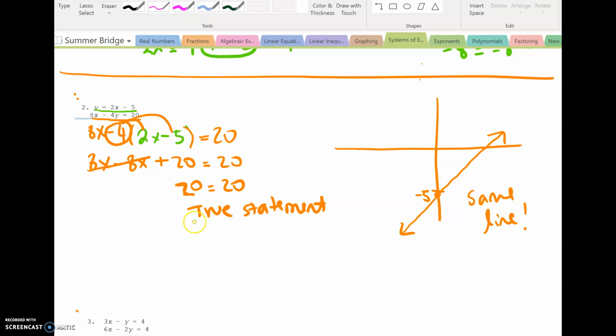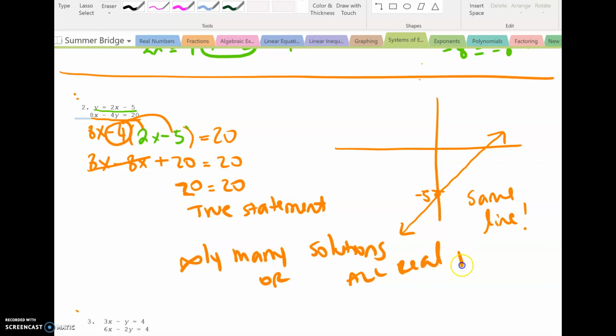Therefore, if you have a true statement, then we can say that there's going to be infinitely many solutions. Or you could also say all real numbers. Okay, you don't have to write both, you just can write one. But that would be this particular situation.